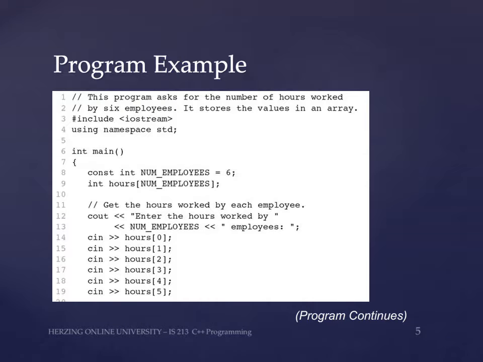Program example. In this program example about arrays, we have a program that asks the user to enter the number of hours worked by 6 employees, and then it stores the values in an array. So you have an array called hours of type integer, and the size of this array is 6. This is the number of employees.